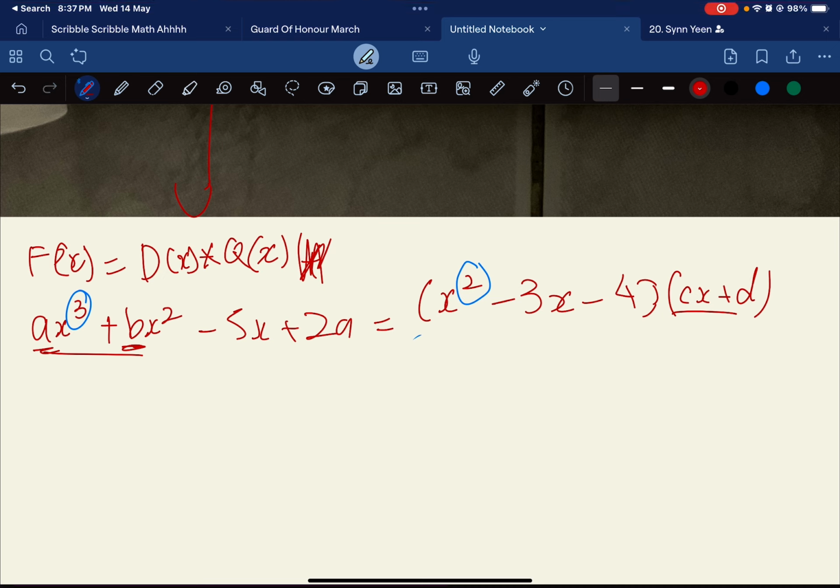So we compare the constants first, which is 2a equals negative 4b, you can tell.